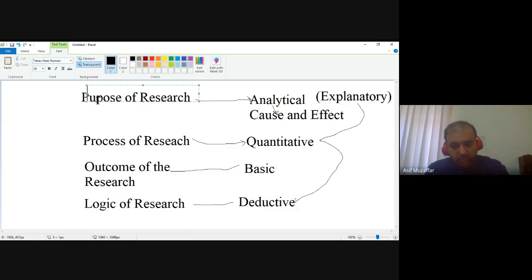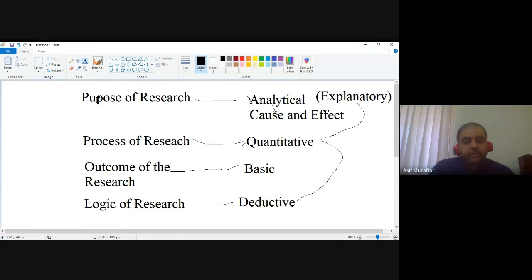The process of your research will be quantitative and the logic of your research will also be deductive. Good, because descriptive is also a type of explanatory research. So if your purpose of research is either analytical or descriptive, things will remain like this. That means your process of research will be quantitative and your logic of research will be deductive. Good. You're right.